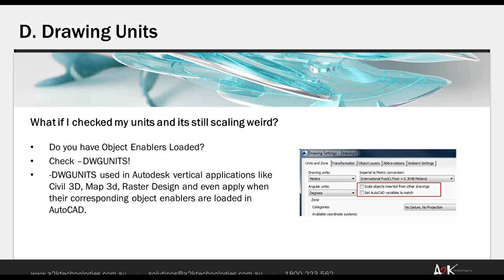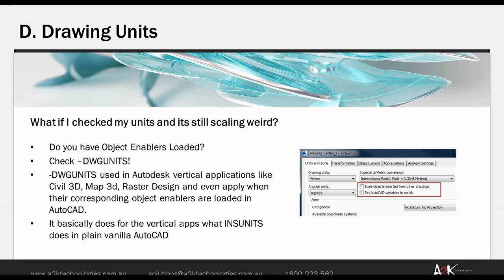In its equivalent of DDUNITS, you can see highlighted in the red rectangle that there are two options. They control the scaling of the objects and also the setting of the AutoCAD variables to match. So it's important to know that even though you set your DDUNITS, this command may be affecting the scale of your objects as well.